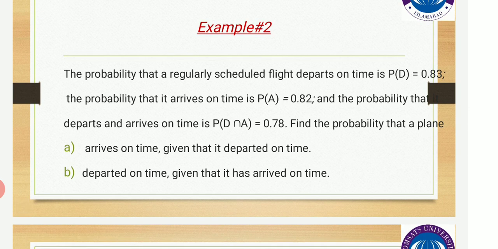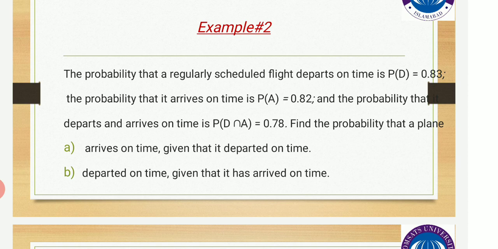Example number 2. The probability that a regularly scheduled flight departs on time is probability D, which is equal to 0.83. The probability that it arrives on time is probability A, which is equal to 0.82, and the probability that it departs and arrives on time is probability D intersection A, which is equal to 0.78.